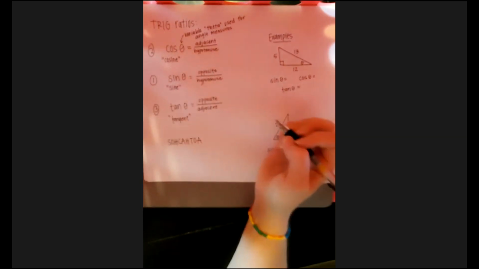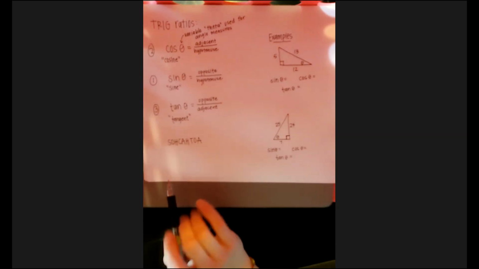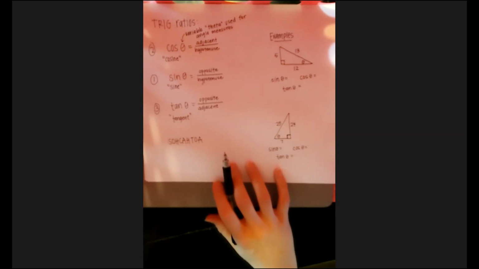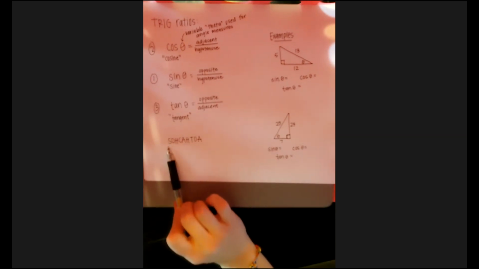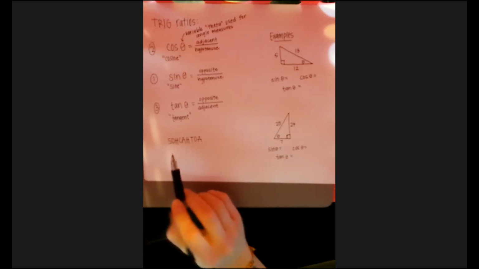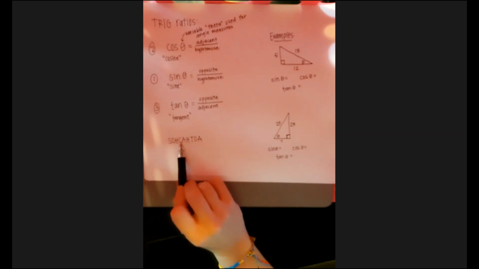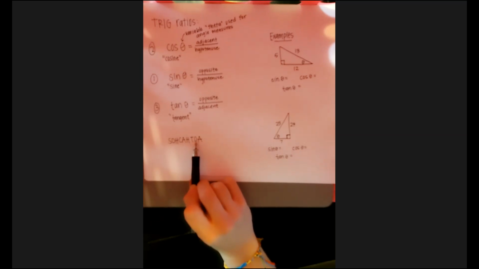So Pocahontas, once upon a time, had a best friend, and her name was Sokotoa. We use Sokotoa to help us remember that sine is the opposite side over the hypotenuse, cosine is the adjacent side over the hypotenuse, and tangent is the opposite side over the adjacent side.